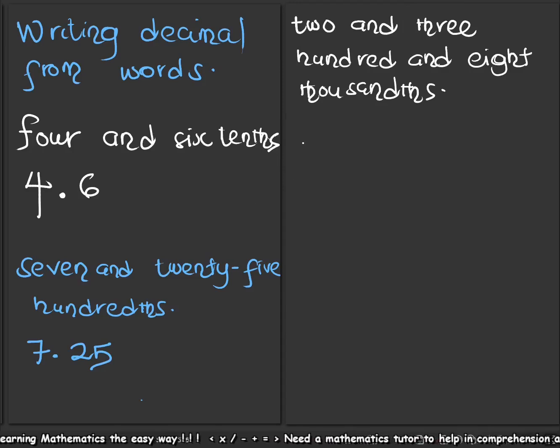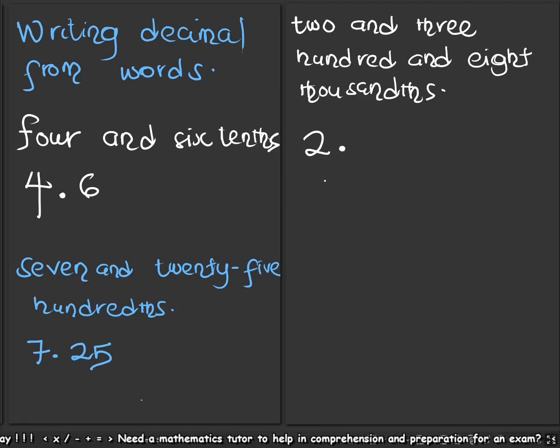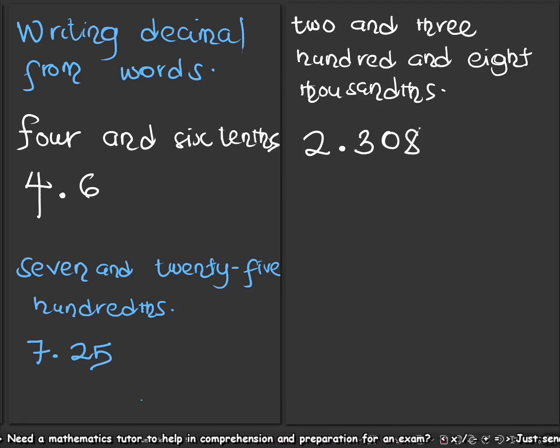So you quickly say there is a 2, and this allows us to bring a decimal point. Then 308. There's 308 here, thousandth. This most importantly tells us that it's going to be the fraction part. So 2 and 308 thousandths. You get it? That is it.